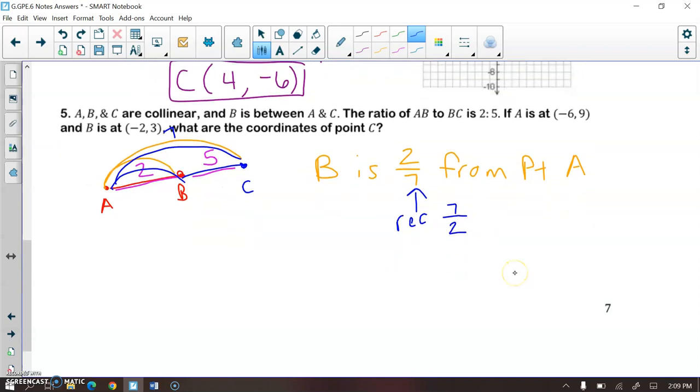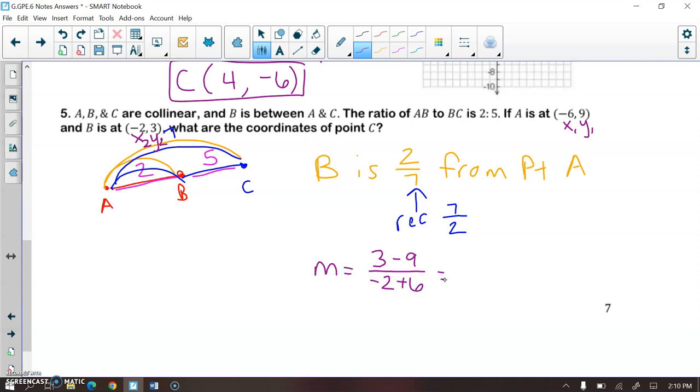Okay. So this time I'm not given a graph, so we have to find our rise and our run using our slope formula. So I'm going to label point A x1, y1, and when we do these types of problems, A needs to be your starting point because B is in between the 2 points. So using my slope formula, I do y2 minus y1 all over x2 minus x1. Minus a negative 6 is really a plus 6.